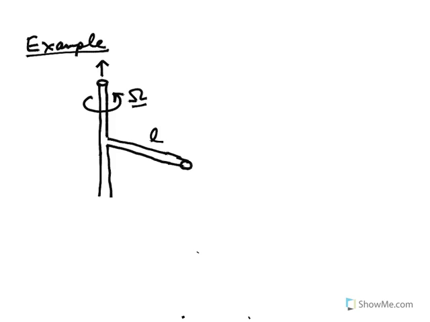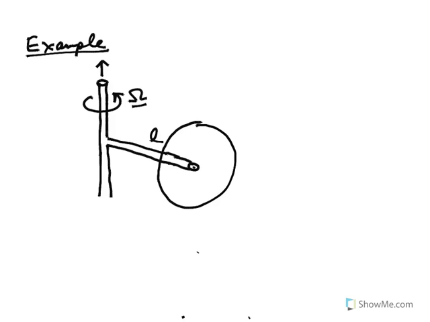And the arm has length L, and on the end of the arm is a disk, and that disk has radius r. So this is the full picture of this problem.